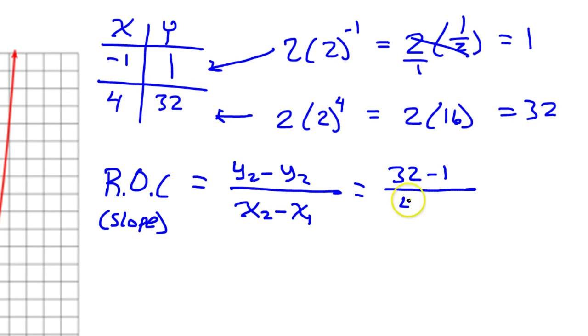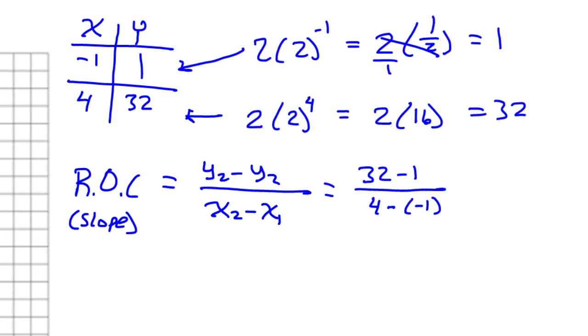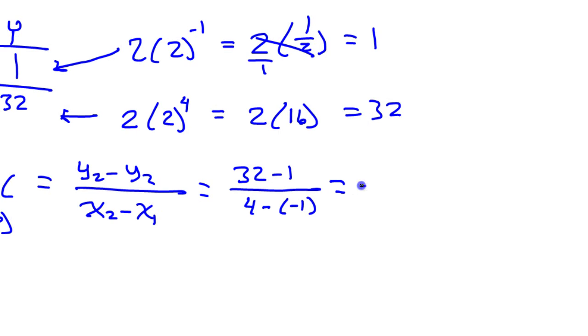X minus x, that's 4 minus -1. Let me not gloss over this. A lot of students will accidentally just put 4 minus 1. But no, it's 4 minus, and then we have a -1. There's a double negative here. To emphasize that, I'm going to show this on another step. So I've got 32 minus 1, but down here, minus a negative is addition. So this is 4 plus 1.